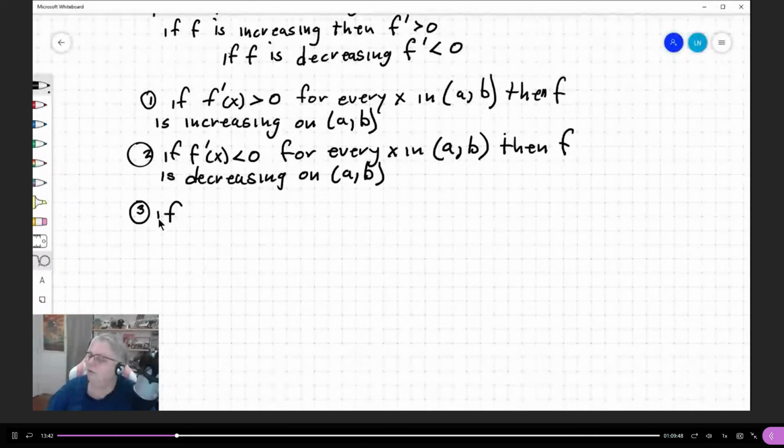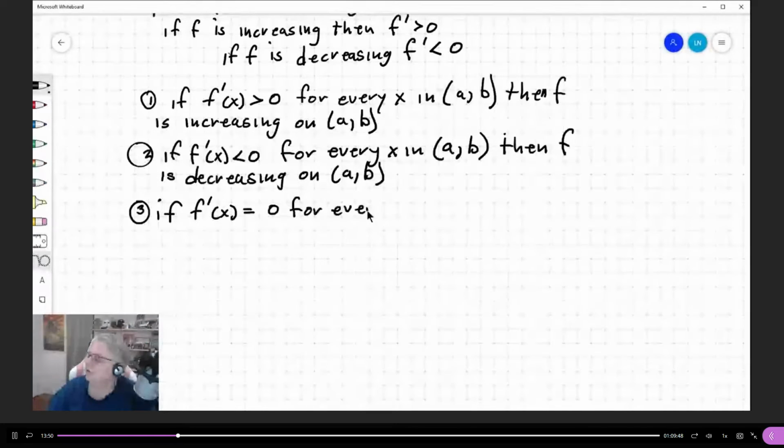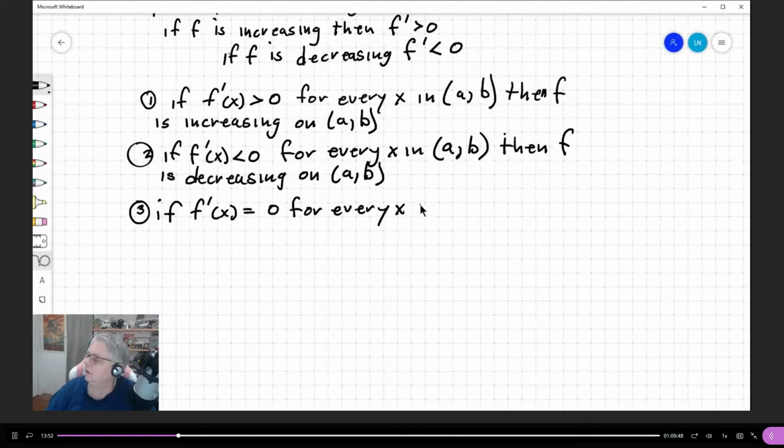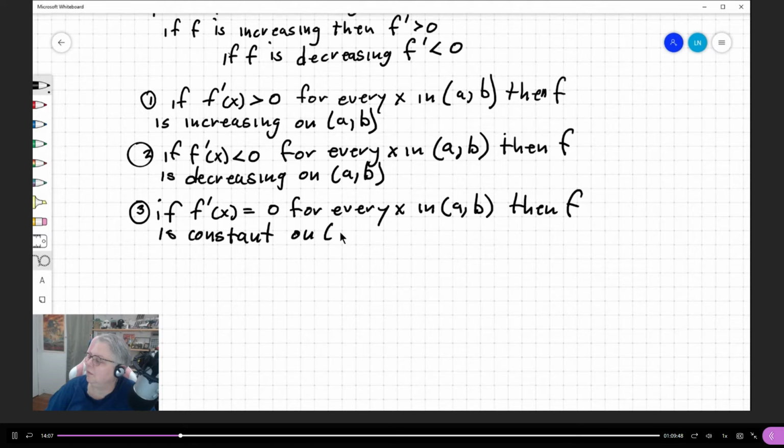So if f prime of x equals 0 for every x in an open interval (a, b), then f is constant on (a, b).